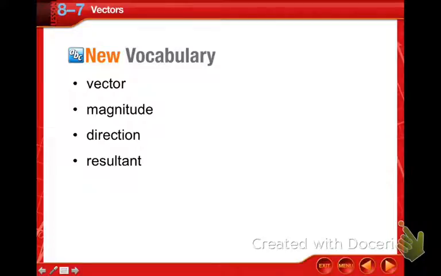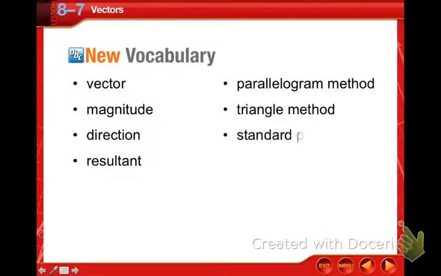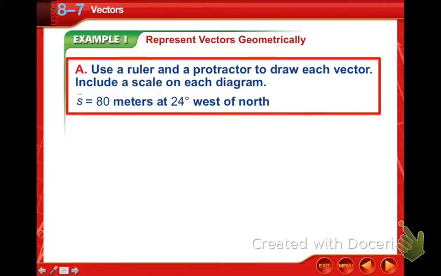I can't imagine that. When I taught physics, I used to teach physics in Bryan College Station. That was one of the first things we learned. But if not, I guess that's all right. Parallelogram method, triangle method, standard position, and then component form. Those are our 8 vocab words for the day that we hopefully have already defined and looked at, so we know what they mean. But we'll see them again here.